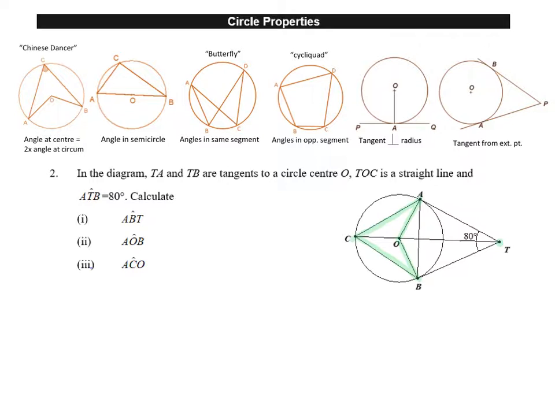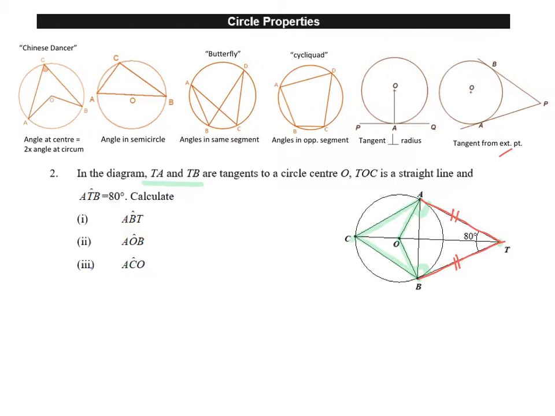But next, do we have tangent perpendicular to the radius? Inside this diagram, TA and TB are tangents. That means the angle A here is 90 degree. This one over here is also 90 degree. And they are both tangents from an external point, T. So based on property number 6, tangents from external point are equal in length.